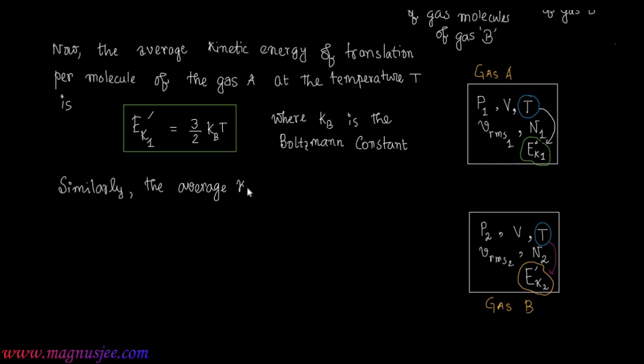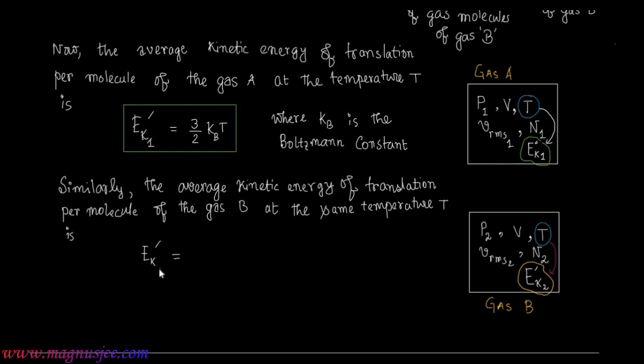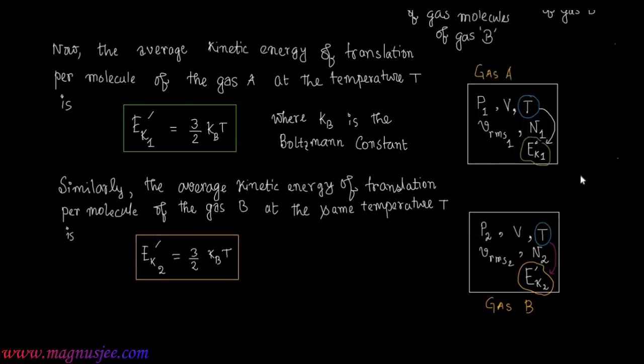Similarly, the average kinetic energy of translation per molecule of gas B at the same temperature T is given by EK2 prime equals 3 by 2 kT.